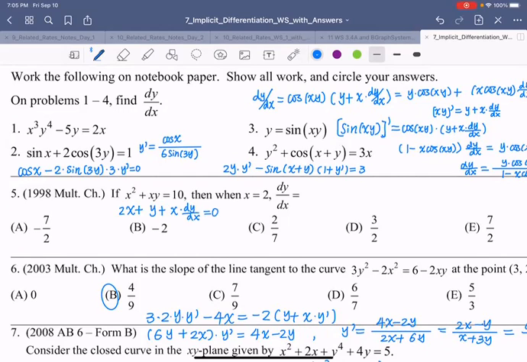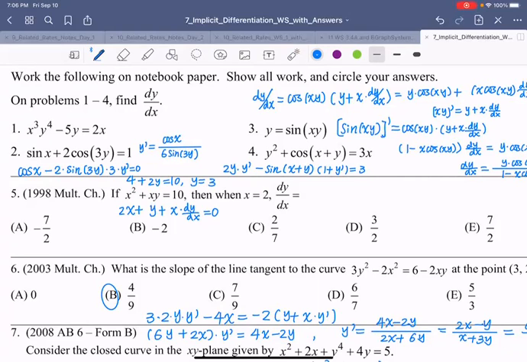Very good. When x is 2, you want to plug in here, yes? 4 plus 2y equals 10. y equals 3. Yeah, that's right.